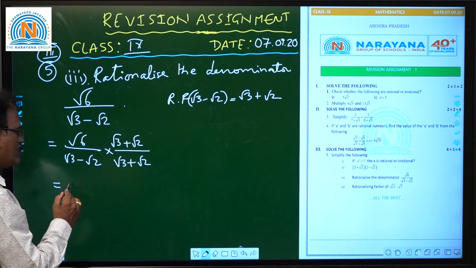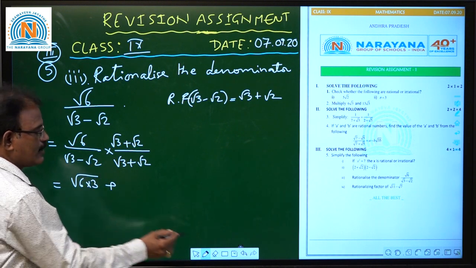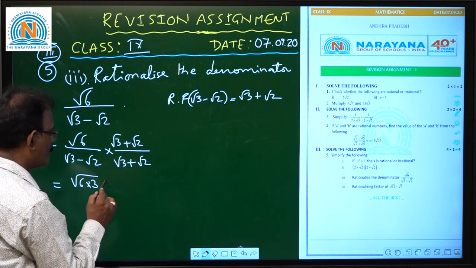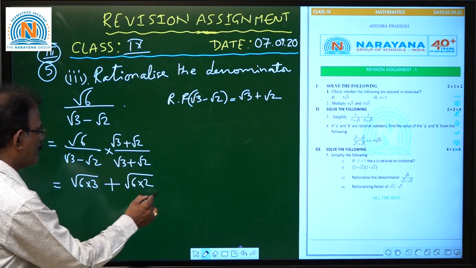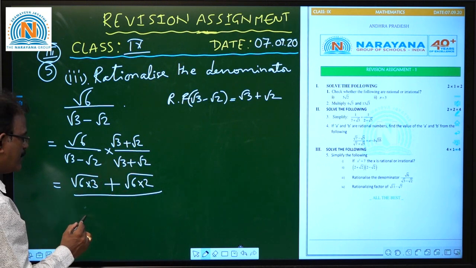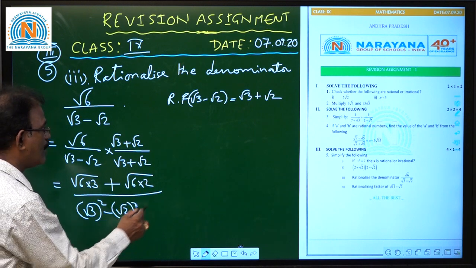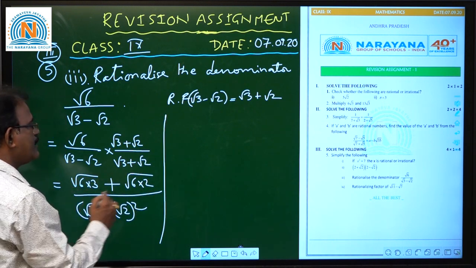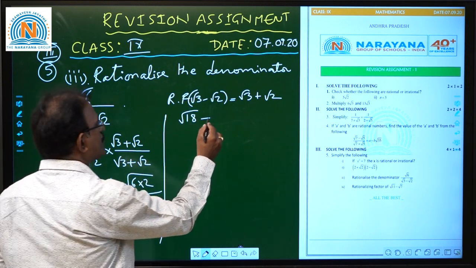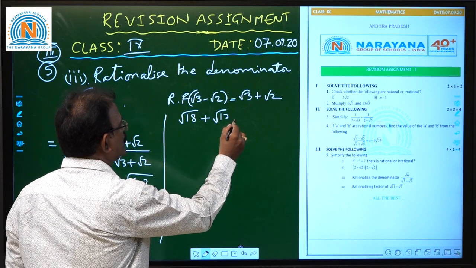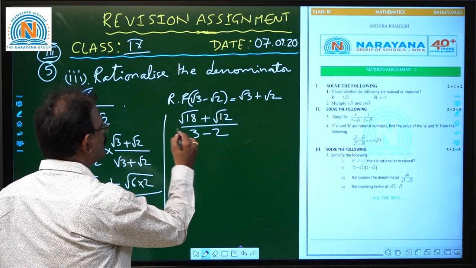So root 6 into root 3, root of 6 into 3, plus root 6 into root 2, root of 6 into 2, by, this is a minus b into a plus b, a square minus b square. Now this is root 18 plus root 12 by 3 minus 2, the square roots getting cancelled with the squares.